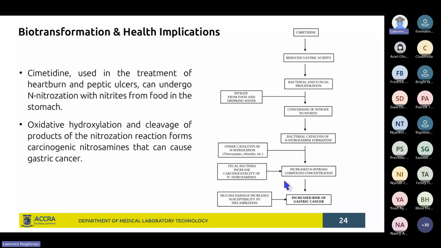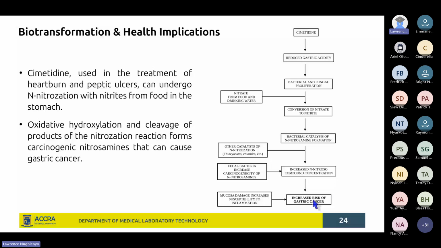That will also result in some inflammation of the gastrointestinal tract, the damage of the stomach lining cells, the mucosa, the mucous lining of the gastrointestinal tract, and that will cause the digestive tract to be more susceptible to inflammation, which will then result in this increased risk of gastric cancer.